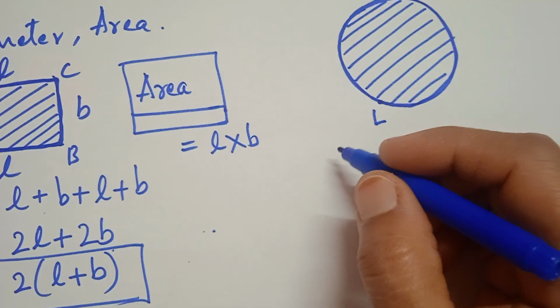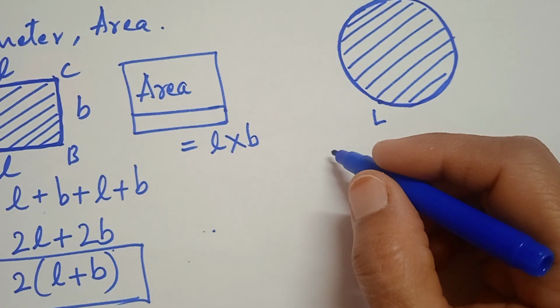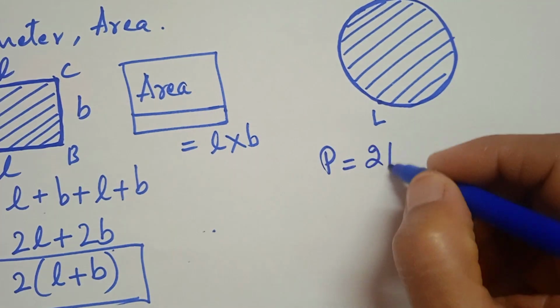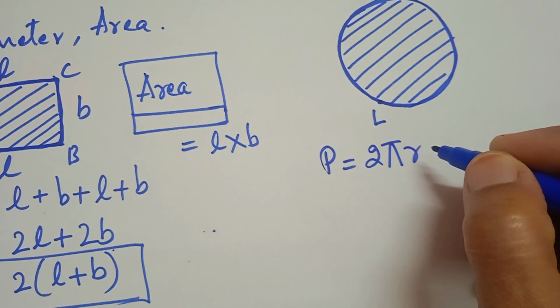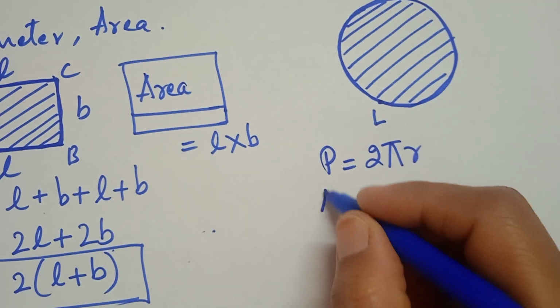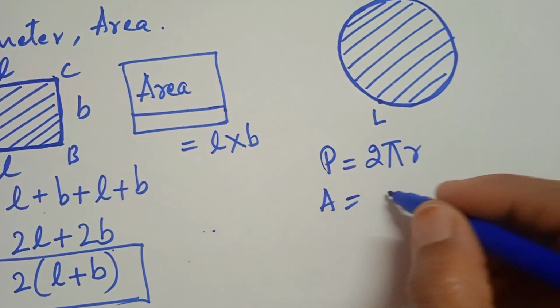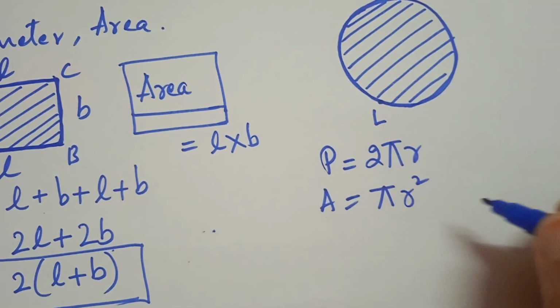You have already learned in 7th standard that the perimeter of a circle is 2 pi r, whereas the area, this region, is pi r square.